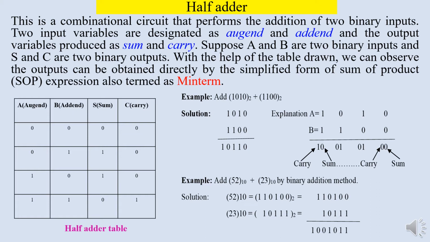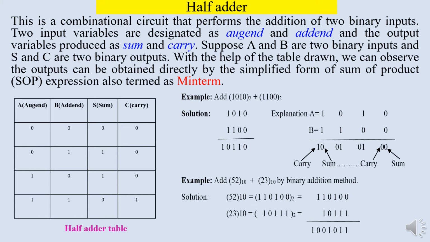The table drawn below has two inputs, so the total number of possible combinations will be 2 to the power 2, that is 4, as 00, 01, 10 and 11. And after addition operation, we get the sum outputs as 0, 1, 1, 0 and the carry outputs as 0, 0, 0 and 1 respectively.